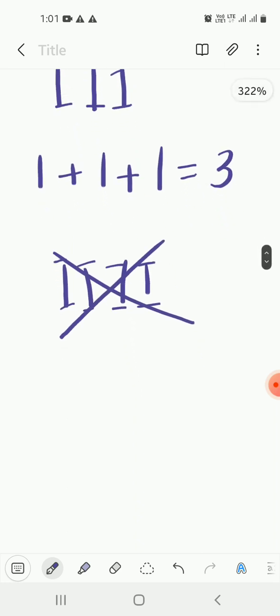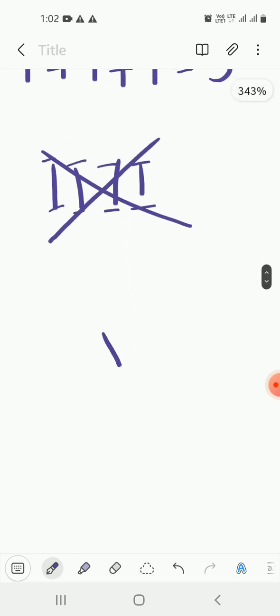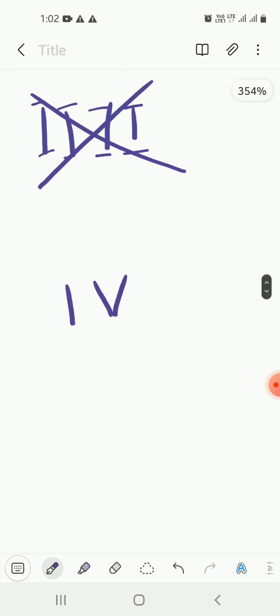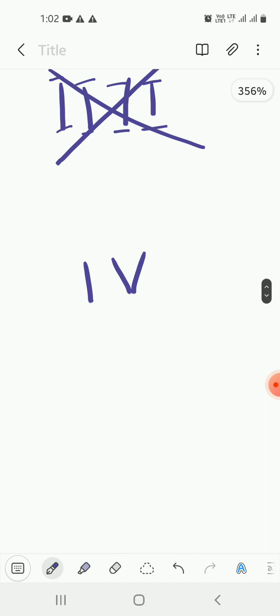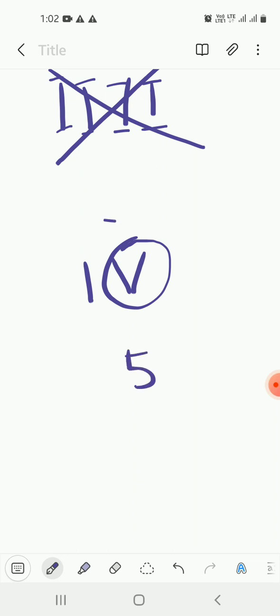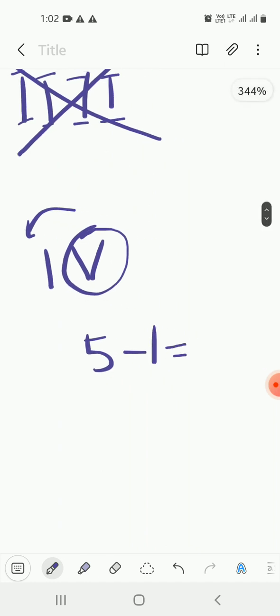For writing 4, what we have to do is write I V. In Roman numbers, if you write a symbol to the left of a number, like here V means 5 and I is before it, to the left, it means 5 minus 1, that is 4.